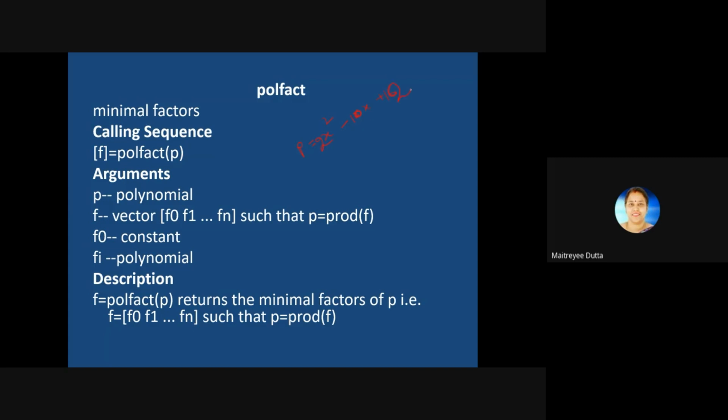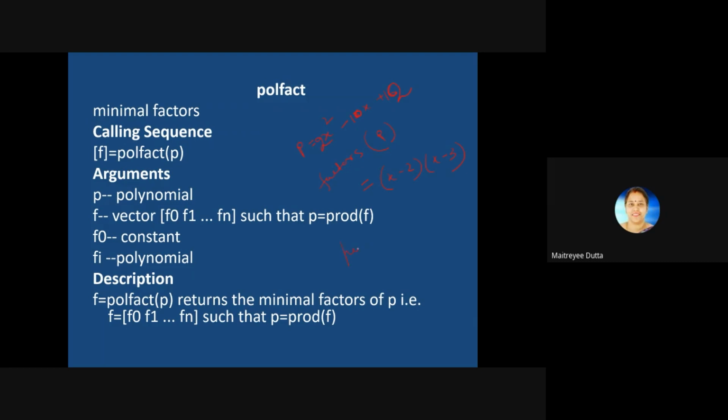This is nothing but a multiplication by 2, right? If we give the factors of P, I will show you, we will find the result will be x minus 2 into x minus 3 only. It will not give the multiplying factor.